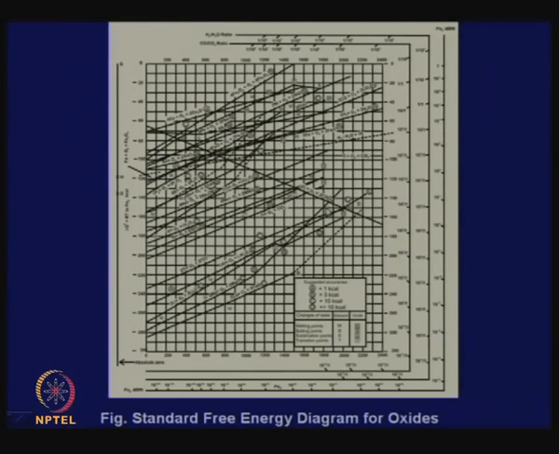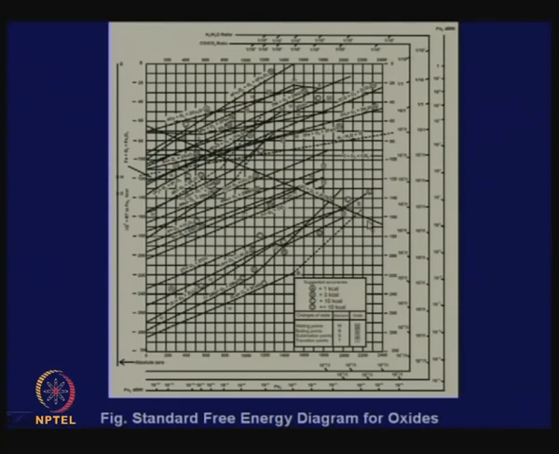The free energies of formation intersect here, which means beyond this temperature, CO becomes relatively more stable as compared to TiO2, and therefore, TiO2 gets reduced by carbon to form CO. So, as this line, which is carbon forming carbon monoxide, moves downwards, it intersects all of them.